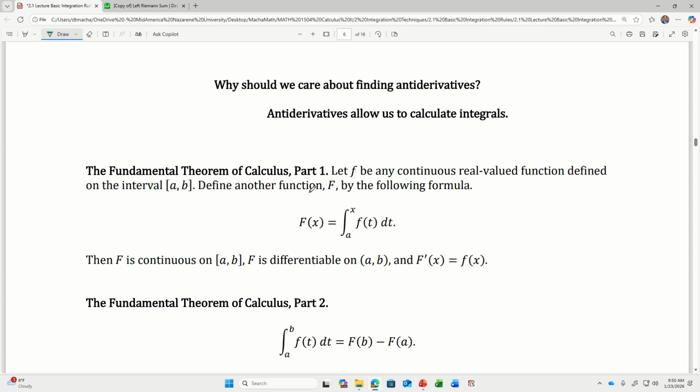This is what's called the fundamental theorem of calculus. The first part is relating antiderivatives, the capital F, to integrals of the original function. The second part gives us a formula for calculating the value of an integral: you find the antiderivative, plug in the upper bound, plug in the lower bound, and subtract.